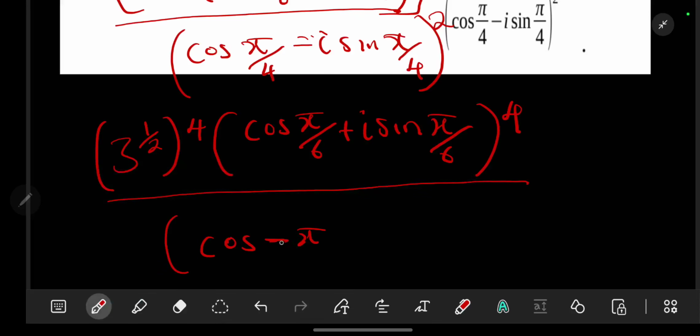I haven't changed anything. Whether I write it like this or like this, nothing has really changed. So we are going to have the negative of 1 over 4, plus i sine of negative 1 over 4 pi, to the power of 2 outside.